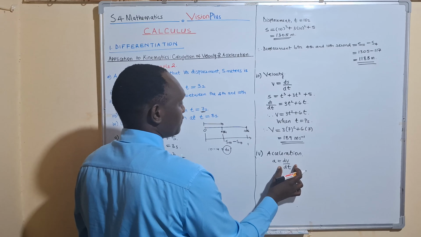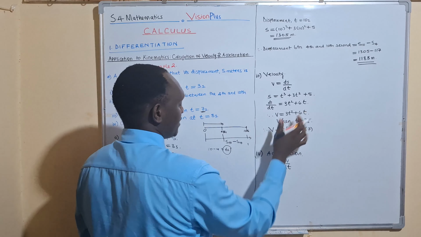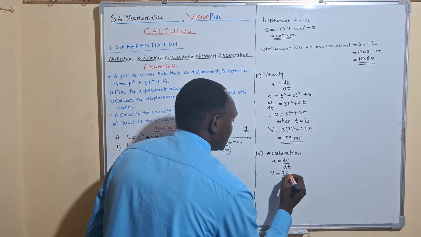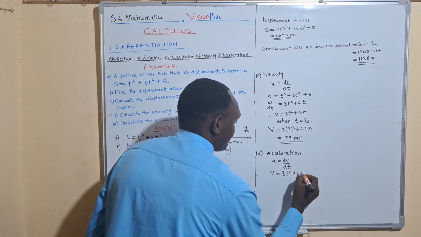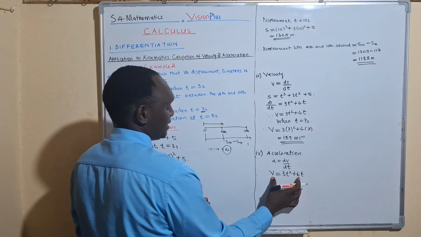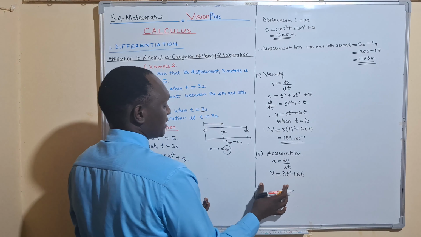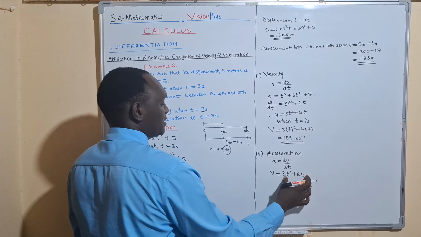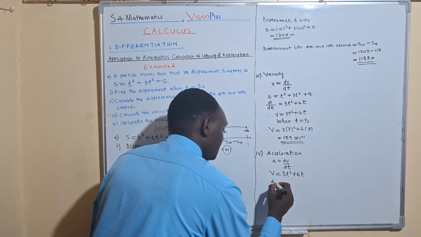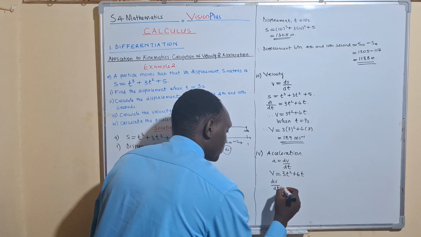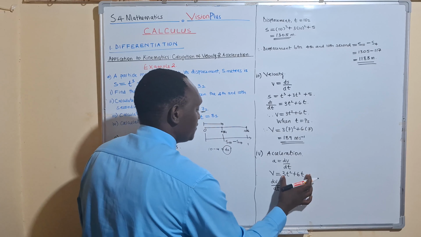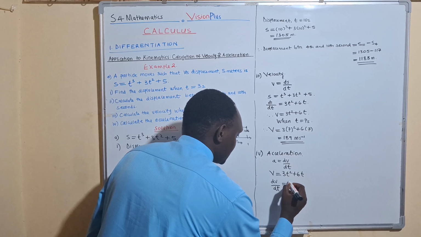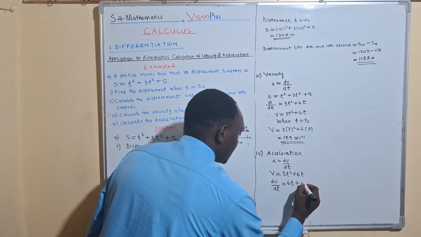We need the expression for velocity at any time t. Our velocity at any time t is given by 3t squared plus 6t. Now we need to differentiate to get dv dt, such that we get the rate at which the velocity changes with change in time. Therefore, from here dv dt equals to differentiating the expression for velocity at any time, which here gives us 6t plus 6.